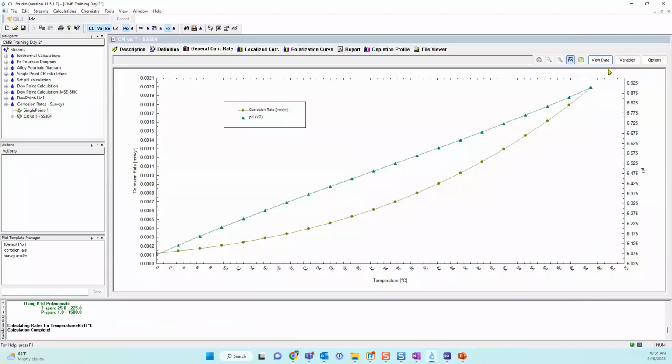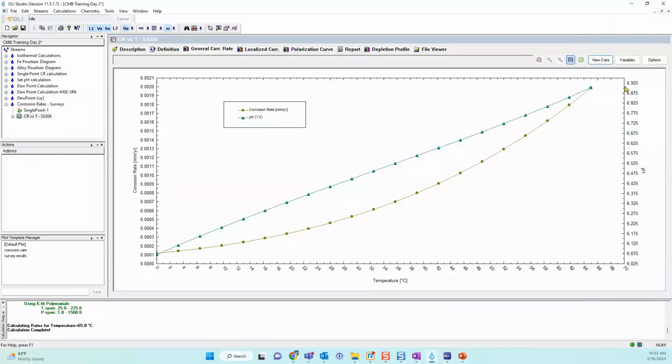And of course, the software always likes to plot the pH, but maybe you don't care about the pH. It is not going to give you a lot of information, and you'll see that the pH really doesn't change by even 1 unit, but maybe there are other variables that you want to also plot and see why you're having the corrosion rate that you're having.